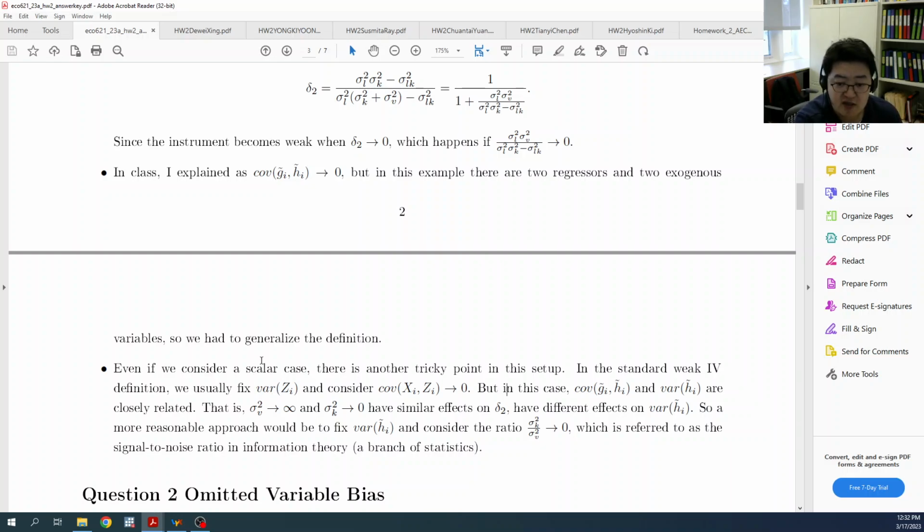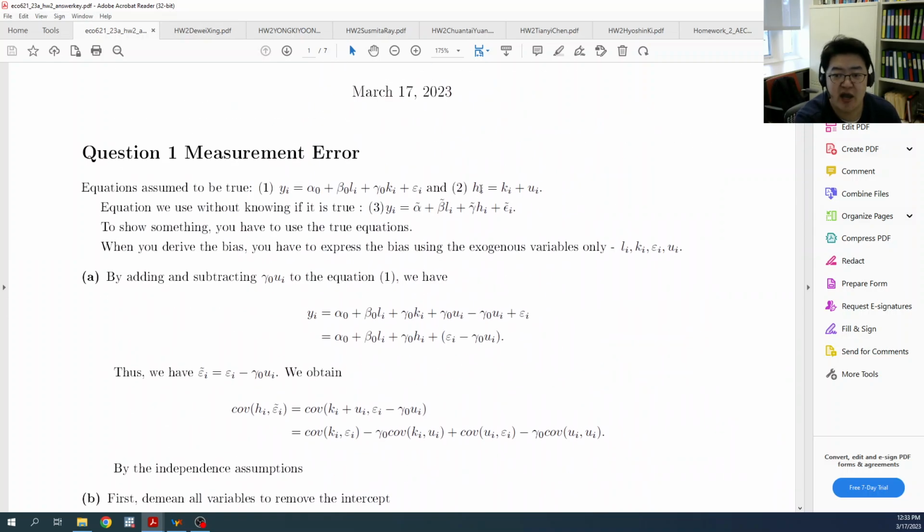A theoretically better approach is to fix the variance of the instrument, and instead consider the ratio changes. The variance of the instrument depends on two things: h is coming from k and u. Suppose that the sum of these two variances is fixed, but their relative ratio can change.